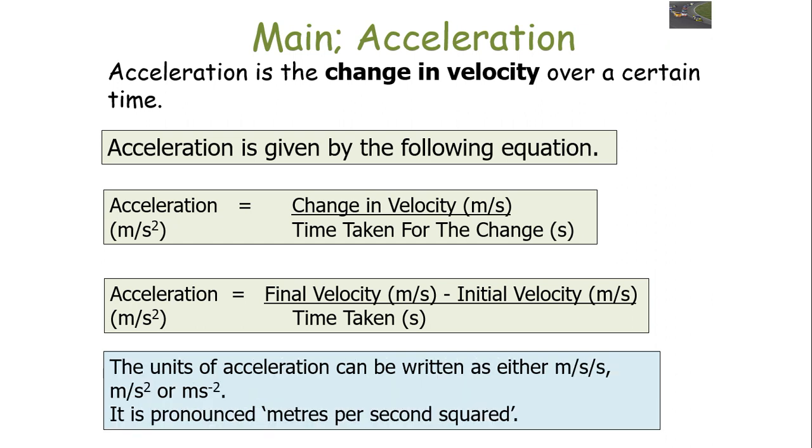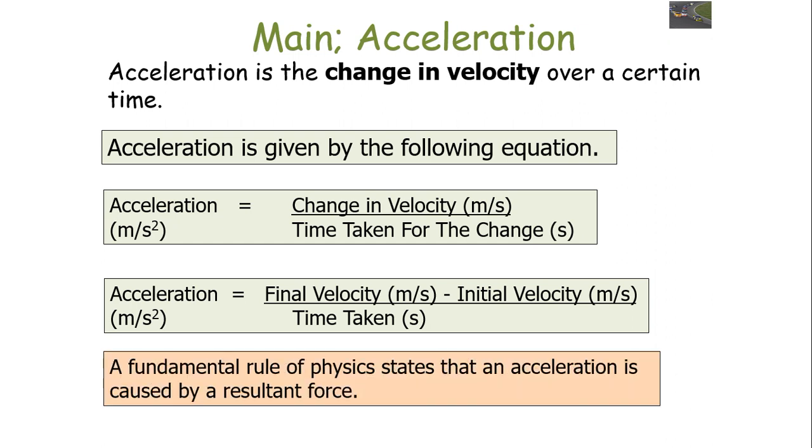You can write it in one of three ways: m/s/s, where a slash just means divide; m/s squared, where it means there's two values of the s; or m s to the minus 2, because you can replace a slash in a unit with a negative index. So that slash s squared becomes s to the minus 2. You will pronounce any of these interpretations of the unit, which can be written in any way, as meters per second squared.